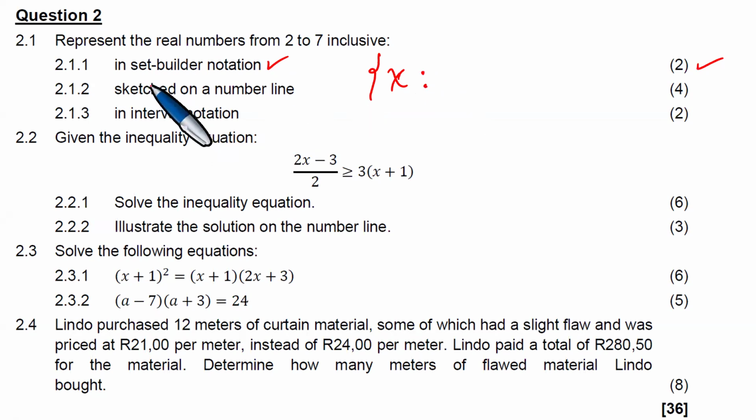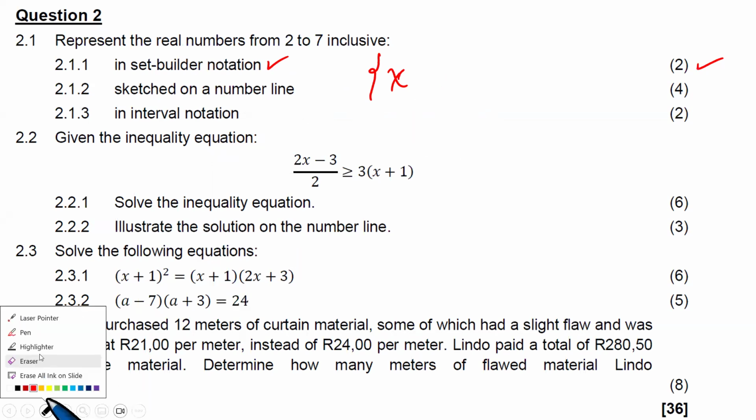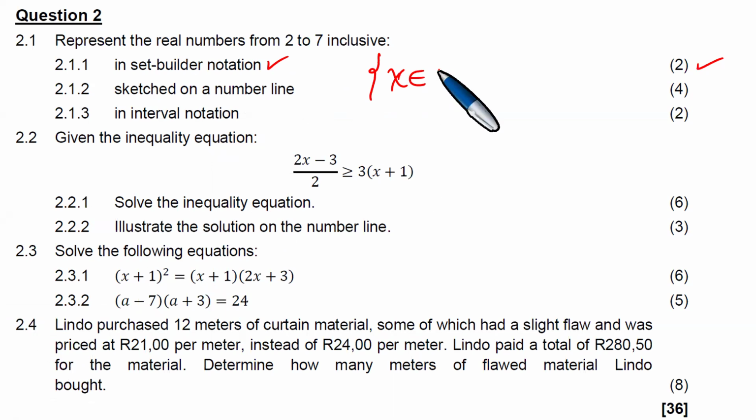In set builder notation, you write an x and indicate that x is an element of the set of real numbers, because we are representing real numbers.